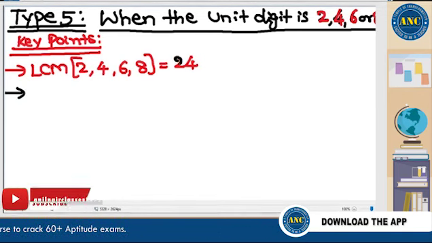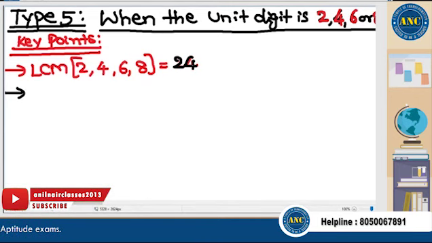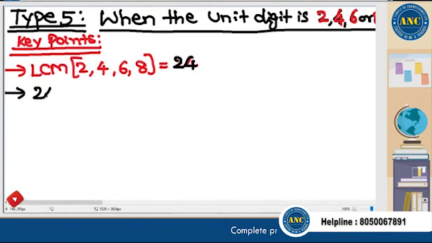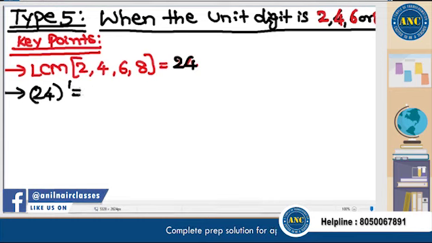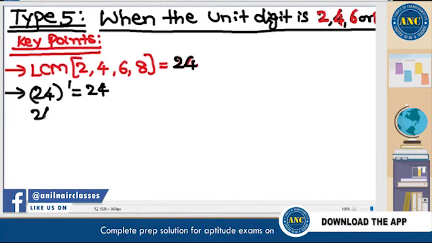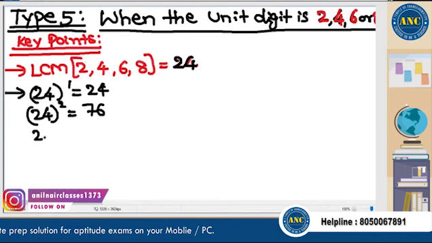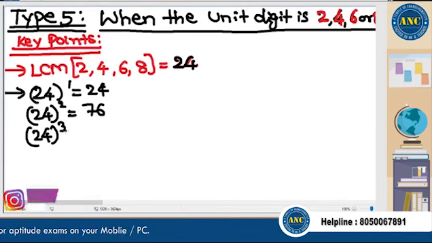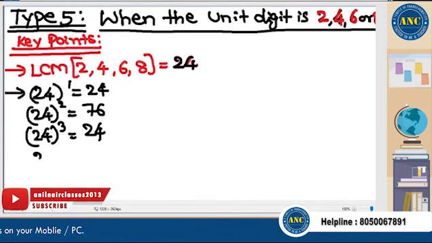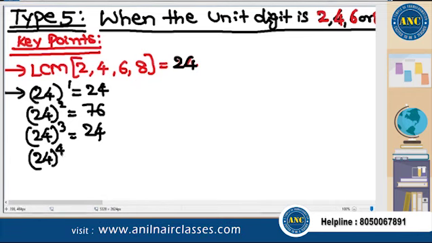Now this 24 is a very special number in last 2 digits. Why? Because 24 power 1 last 2 digits is 24. 24 power 2, 576, last 2 digits is 76. 24 power 3 last 2 digits is 24. 24 power 4 last 2 digits is 76.